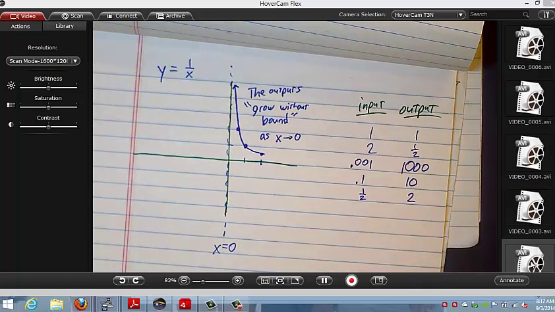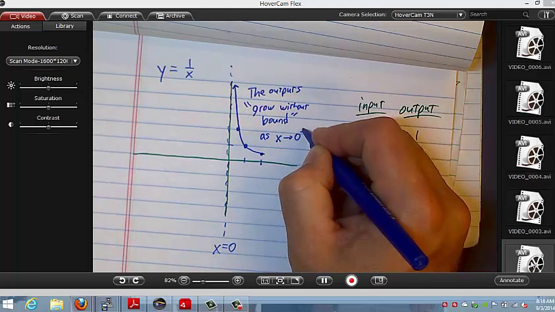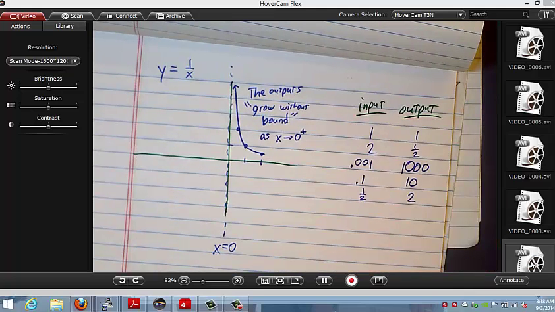Now I better be very careful here. It's as x approaches 0 from which side? From the right. Do you remember how to symbolize that? You put a little plus sign up here. Okay? And you really ought to do that, right?